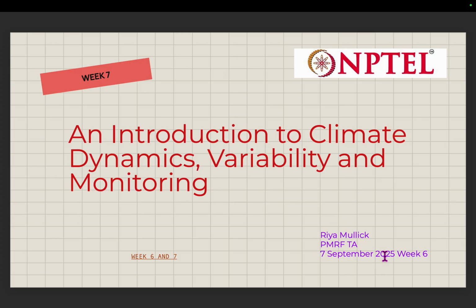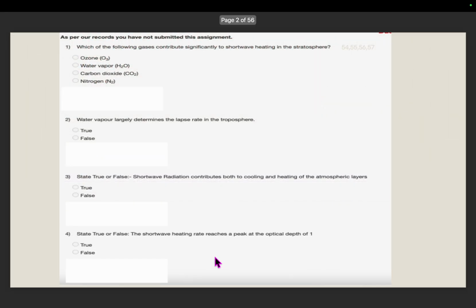This is our first question. Questions 1 to 20 are mainly from the week 6 content. Which of the following gases contributes significantly to the shortwave heating in the stratosphere?